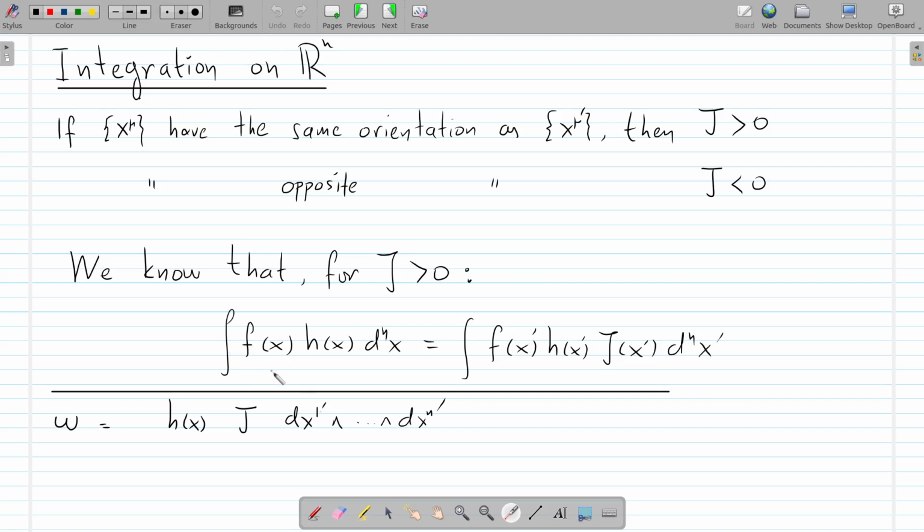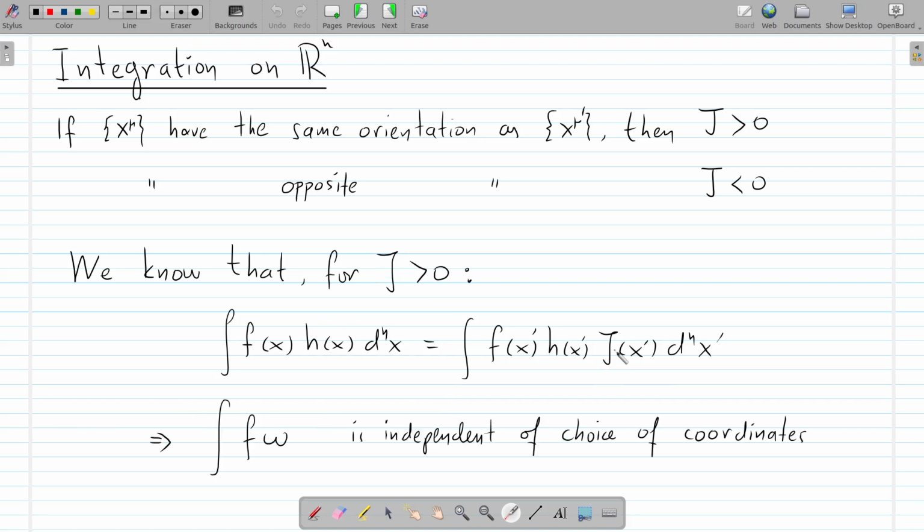And the reason is the well-known formula from calculus that relates the n-dimensional integral of a function in one coordinate system with the n-dimensional integral of the same function in a different coordinate system, which is the same if we multiply by the Jacobian of the transformation. So be careful here, j is positive. Therefore, we see why the integral, as it was defined before, is giving us a value which is independent of the choice of coordinates.